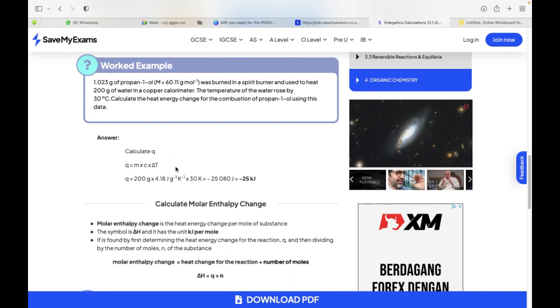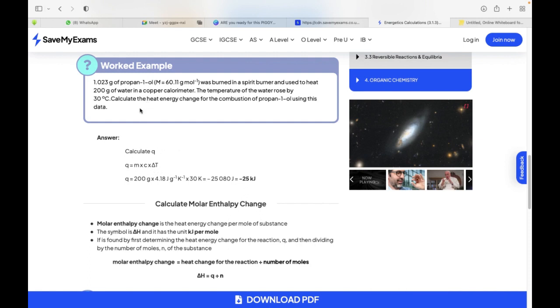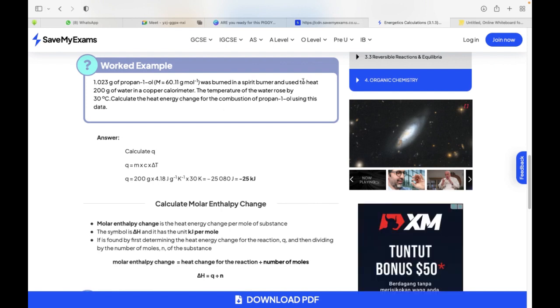First of all, we're going to look at the data that will enable us to calculate the heat energy. The heat energy formula we already know, which is MC delta T. The mass of the water in the calorimeter was 200 gram, so that will be our mass.